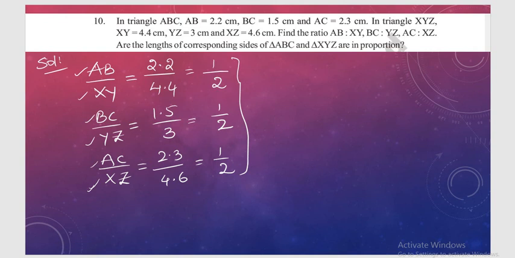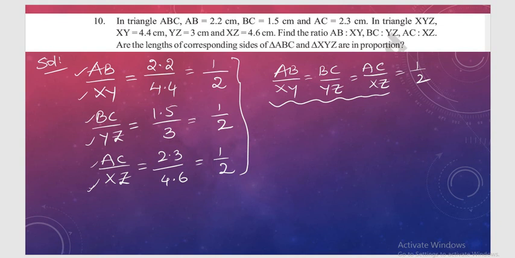If we got all the ratios as same, then if AB by XY is equal to BC by YZ is equal to AC by XZ, which is equal to 1 by 2, so if you get all the corresponding sides as equal, then we say that triangle ABC is similar to triangle XYZ.